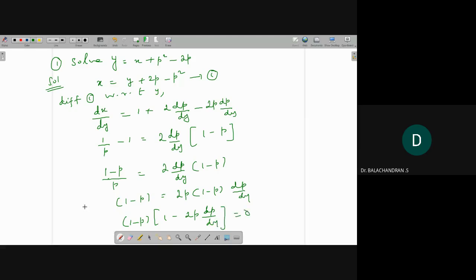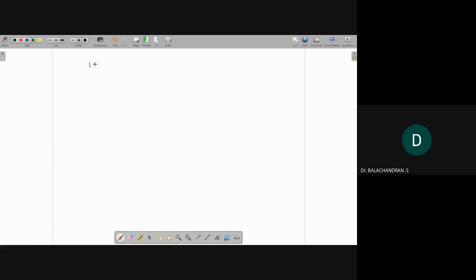So equate 1 minus p equal to 0, which implies p equal to 1.